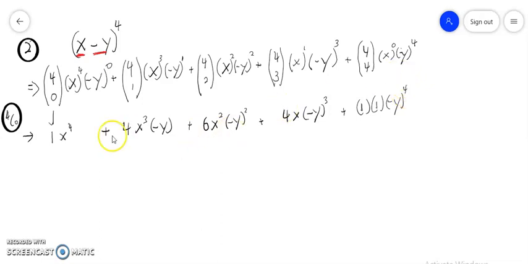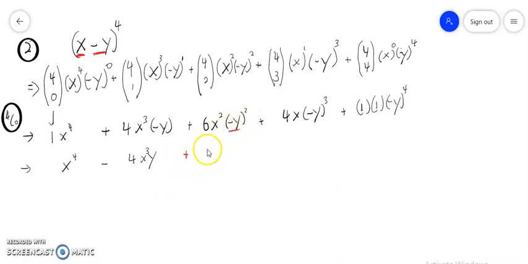Okay, when we simplify this, we will be getting x to the power of 4 minus 4 x cubed y, and here will be negative y squared, you'll be getting y squared.